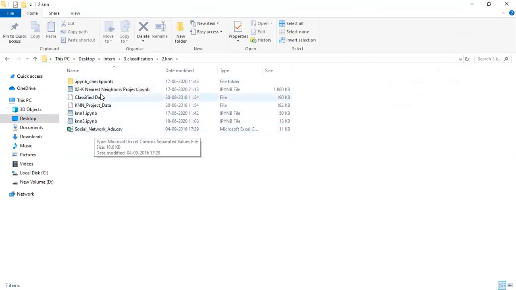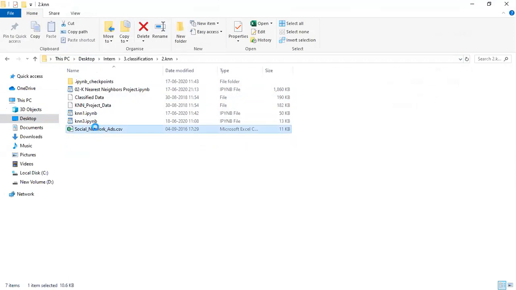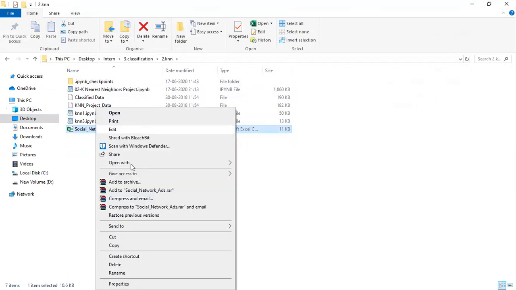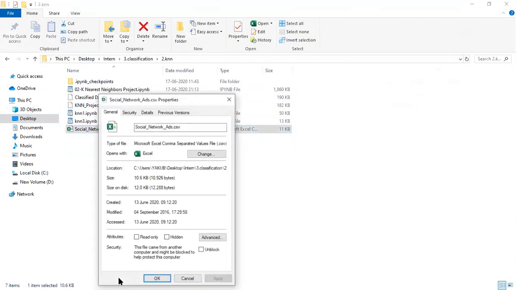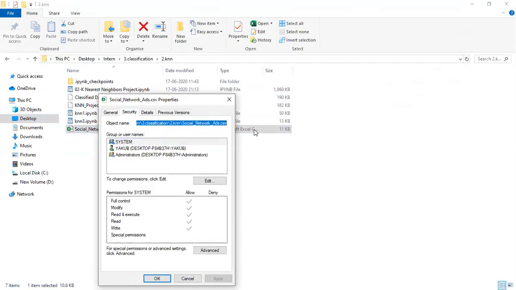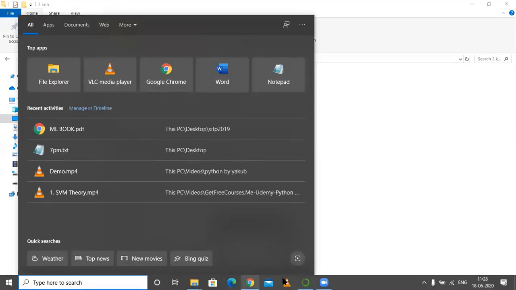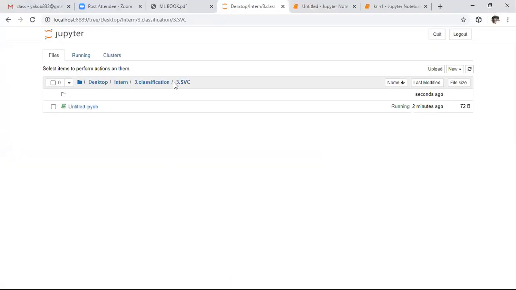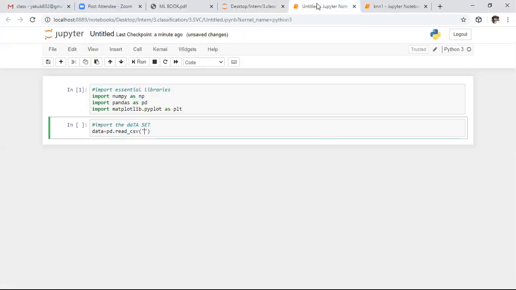I want to know the path of this file. So here it is, a path. We need to specify that path here. After that, we need to read this entire file from that location.